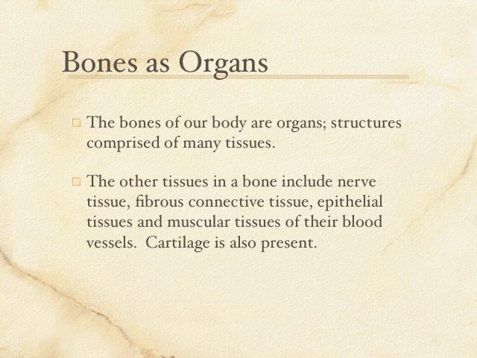There's going to be lots of connective tissues associated with the bone. Epithelial and muscular tissues will be in some of the blood vessels that run through the bone. And of course, cartilage is going to be associated with the bone as well. So many tissues organized together create an organ. And so each and every bone of the skeletal system is an organ.